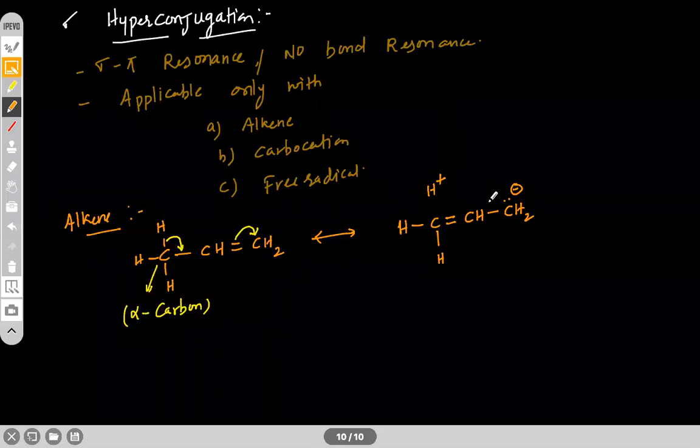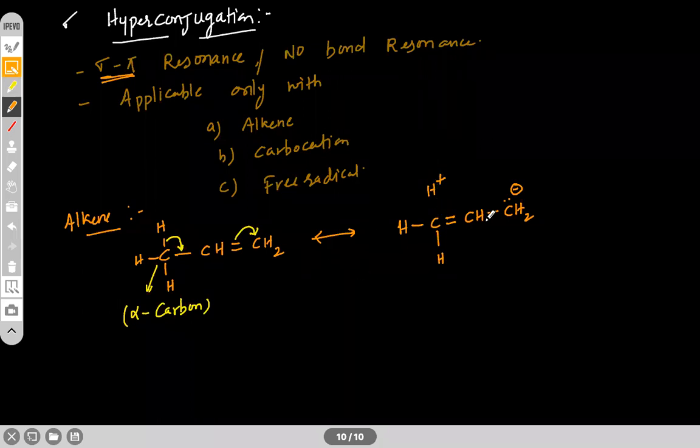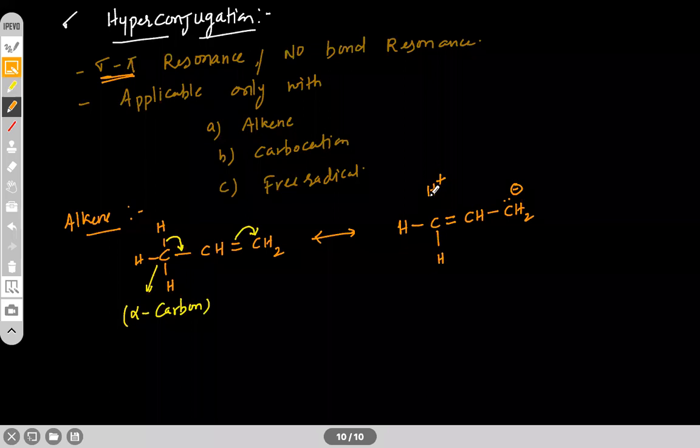Okay, so this sigma converts into pi, correct? That's why it is sigma pi resonance, first of all. Okay, no bond resonance, why? Because the H plus is present over here. It is not going out of this molecule, means it won't leave this carbon atom completely. It will be present here. Hence, it is no bond resonance.